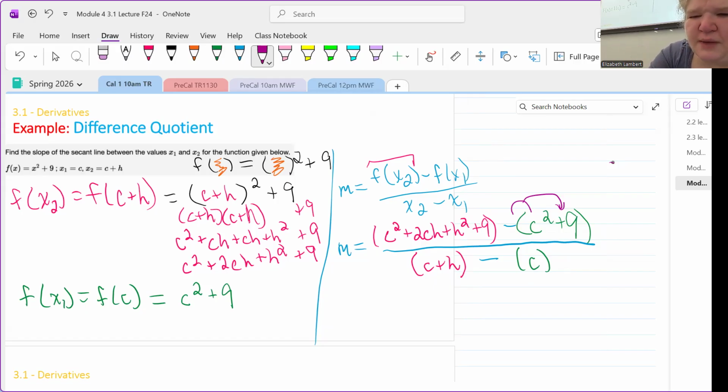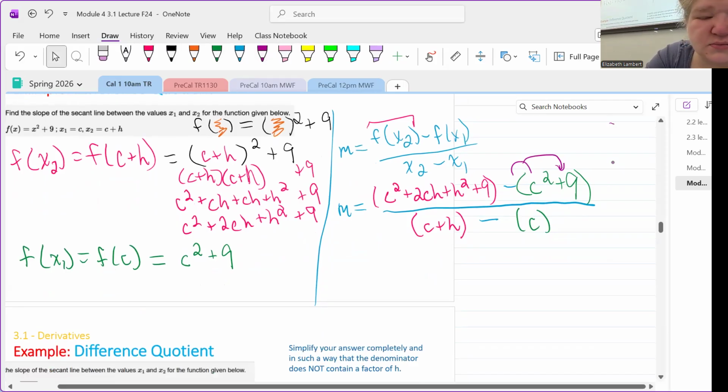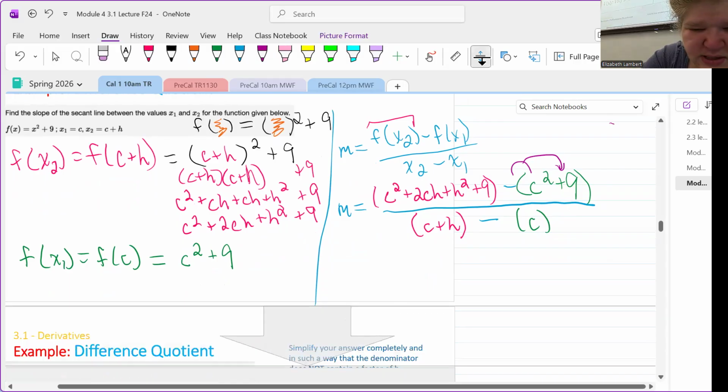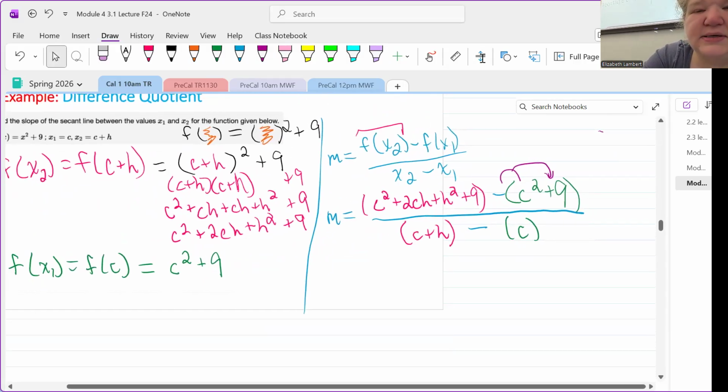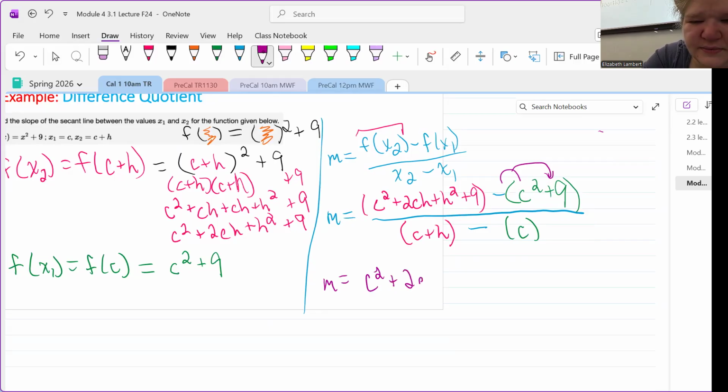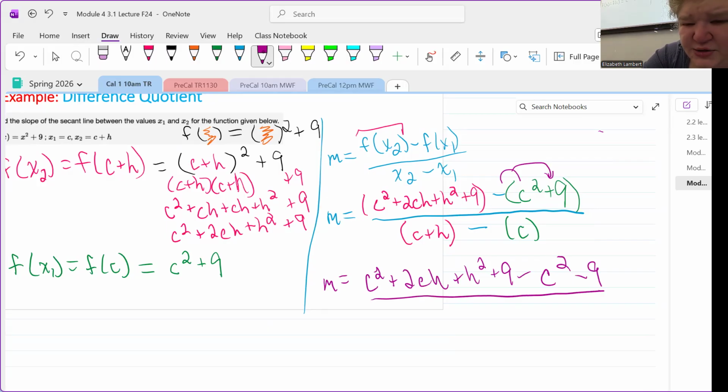So we can just drop those parentheses. So we have minus c squared and minus 9. And then on the bottom, c plus h minus c is just going to leave us with an h on the bottom.